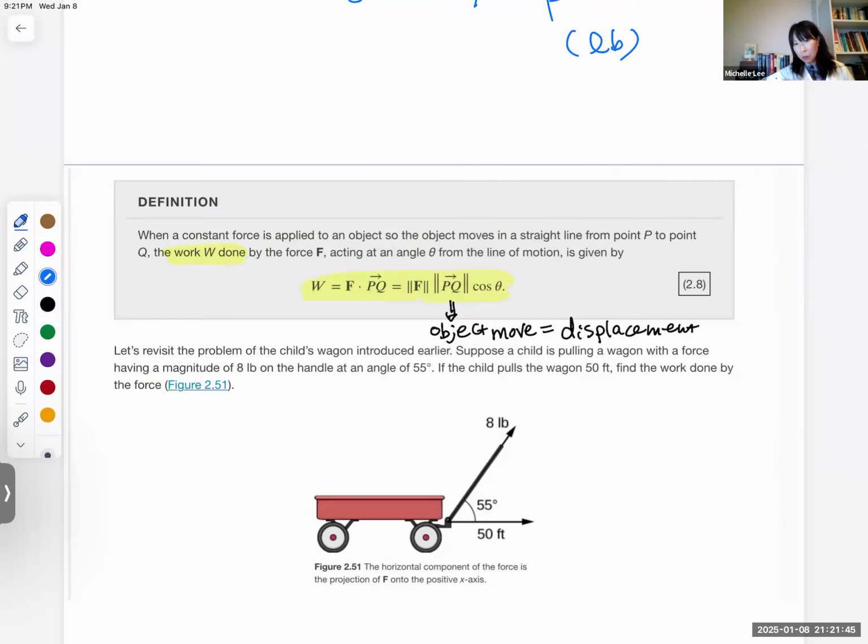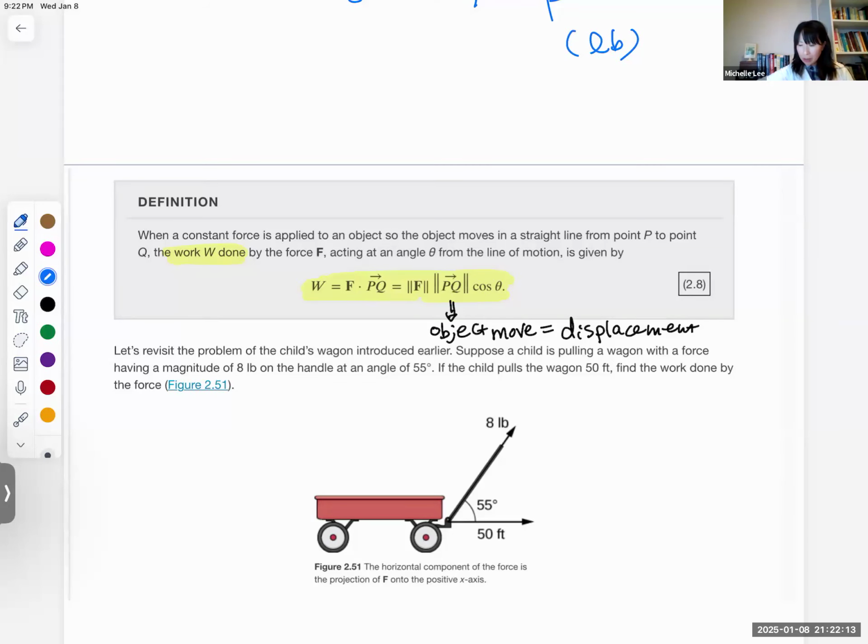So this is the formula. Work done W equals the vector F dot product with PQ, and then with the angle, it's the magnitude of the force, times the magnitude of the vector PQ, times cosine theta.